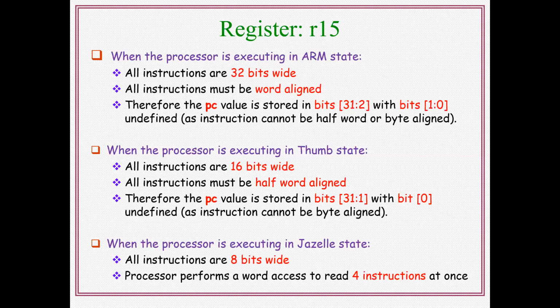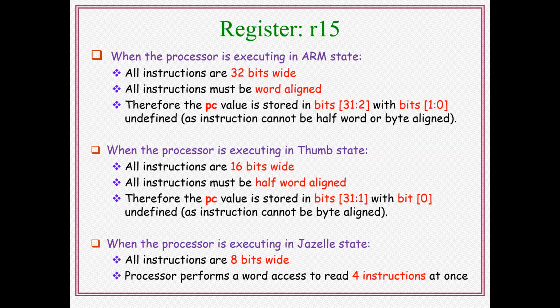And when the processor is executing in thumb state, we know that the ARM processor operates in three modes. One is ARM mode, the second is thumb mode, the third is jazelle mode. If ARM mode is selected, all instructions are 32-bit instructions, as we discussed. Next, when the processor is executing in thumb state, all instructions are 16 bits wide. All instructions must be half word aligned.